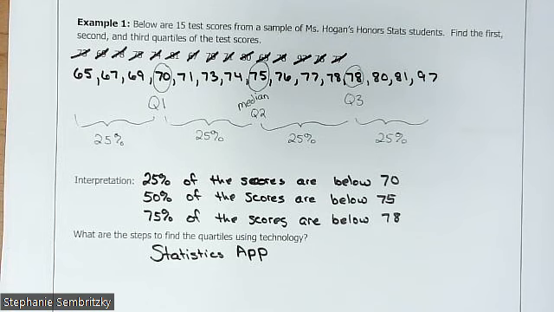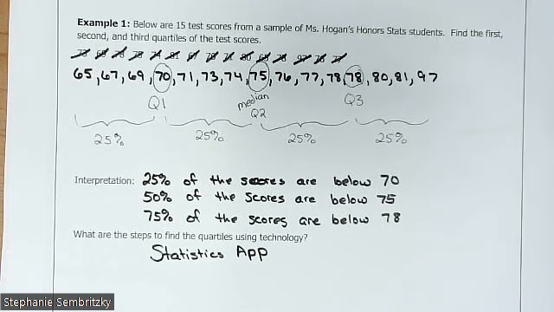Once you have your data values, where do you think we go to find the calculations? Stats. Okay, so I'm going to go to stats, and I'm going to click OK. It tells me my minimum was a 65.